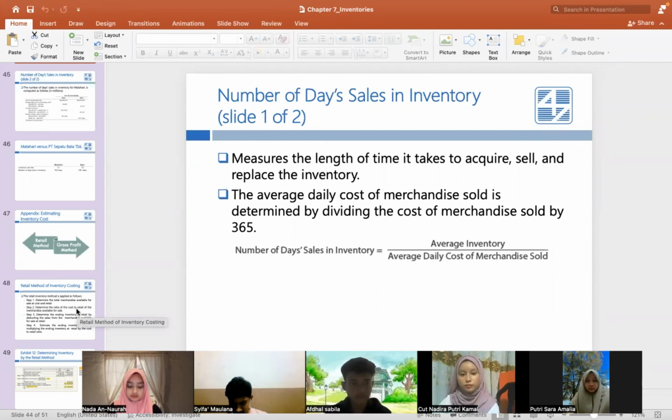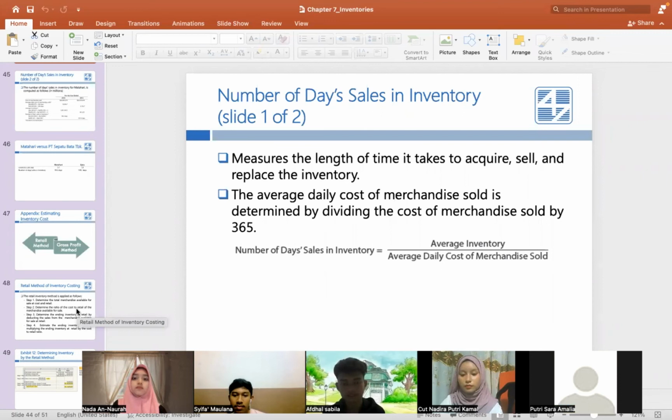That's the main financial ratio that shows the average time it takes a company to convert inventory, including goods being produced, into sales, which we can divide by the days in 1 year, 365. The formula for number of days sales in inventory is average inventory divided by average daily cost of merchandise. Next.